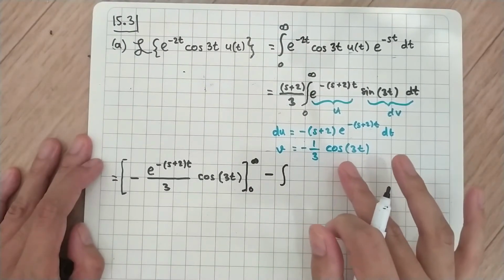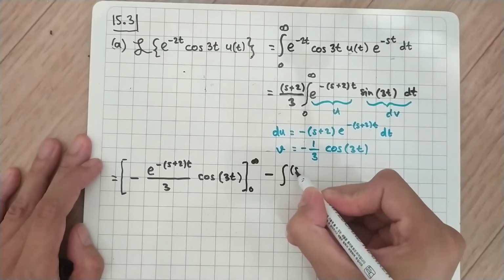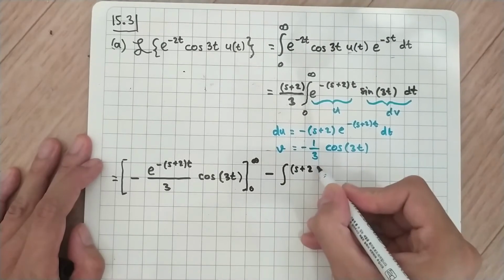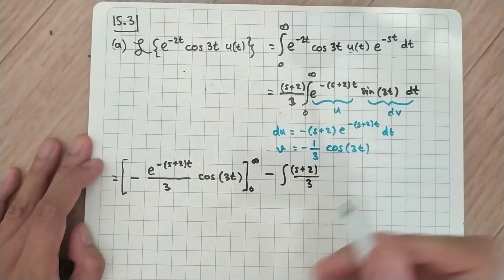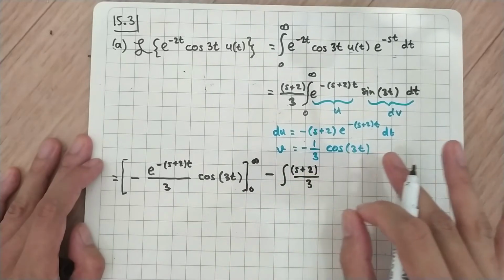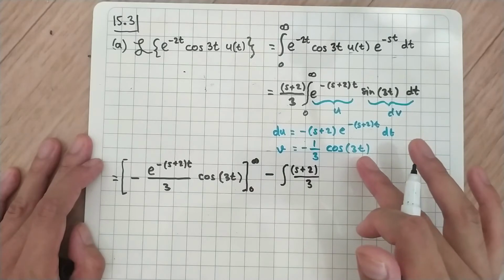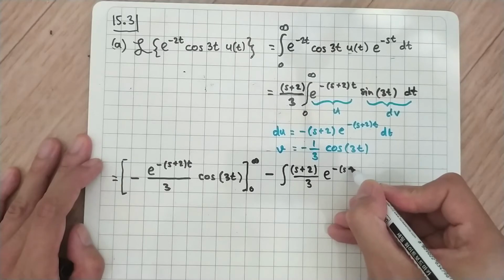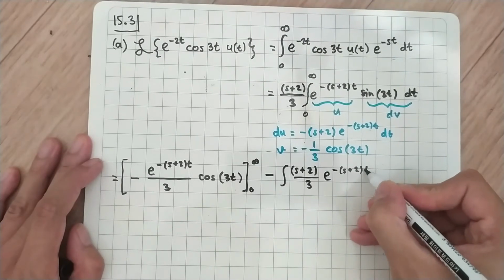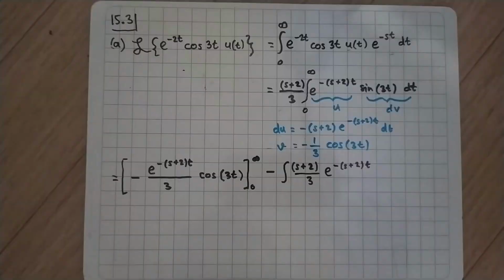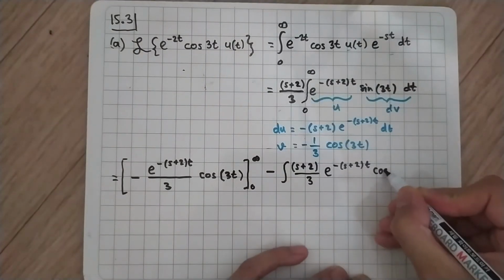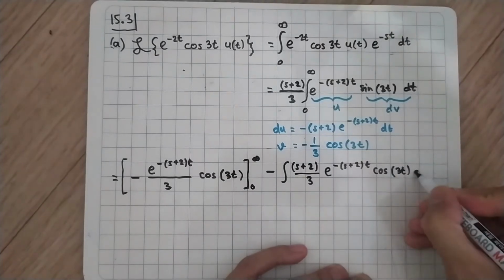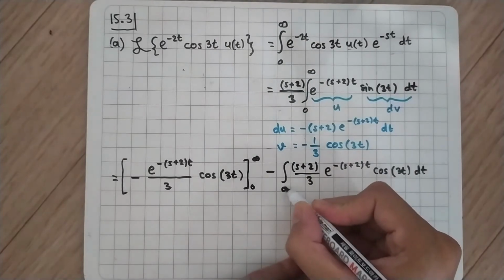Okay, now we will have this s plus 2 over 3, and then this one, e to the minus s plus 2t cosine of 3t dt, and the limit of integration is 0 to infinity.